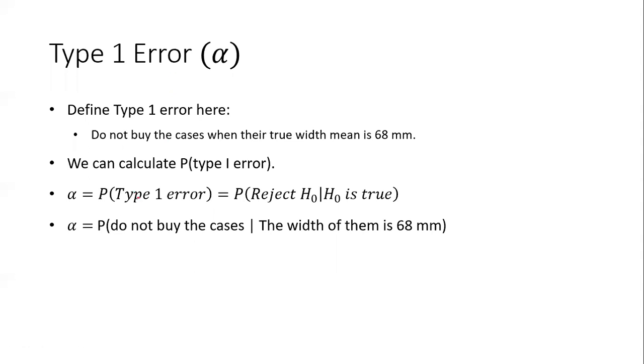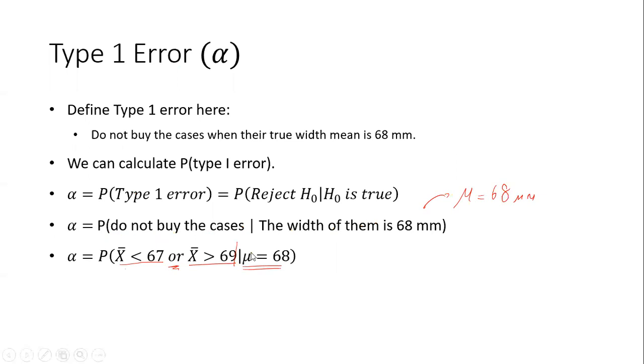Now I have just added this. So this is the probability that you do not buy the cases if the width of them is 68, which means mu is equal to 68 millimeters. So this is equal to the probability that X bar is smaller than 67 or X bar is greater than 69, given that mu is equal to 68.